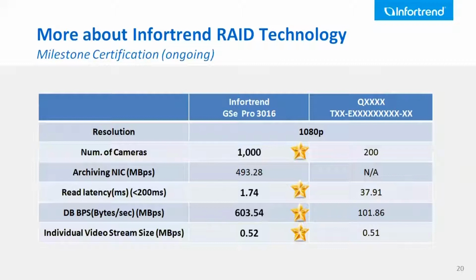This means that the test file size is larger in Infortrend GSE Pro's test, but Infortrend GSE Pro still can achieve 1000 cameras. This is a very good example to explain the differences in performance between hardware and software-based RAID. At the same time, this test proves that Infortrend GSE Pro can perform pretty well in surveillance application.